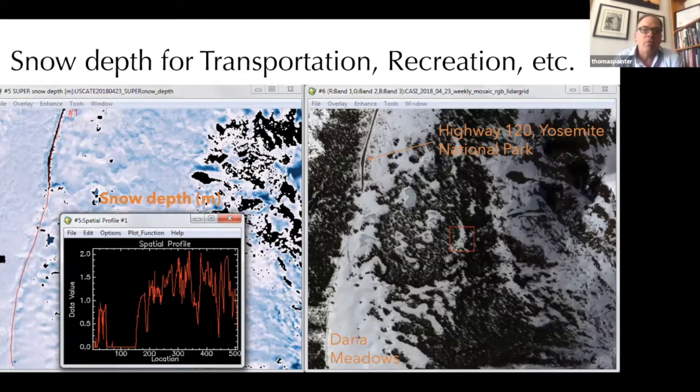And likewise for Caltrans and for recreationalists, including the snow plowing that goes on in Yosemite on the Tioga Road. They use our data to determine what they're looking at for snow depths and the progress that they're making as they plow that through.